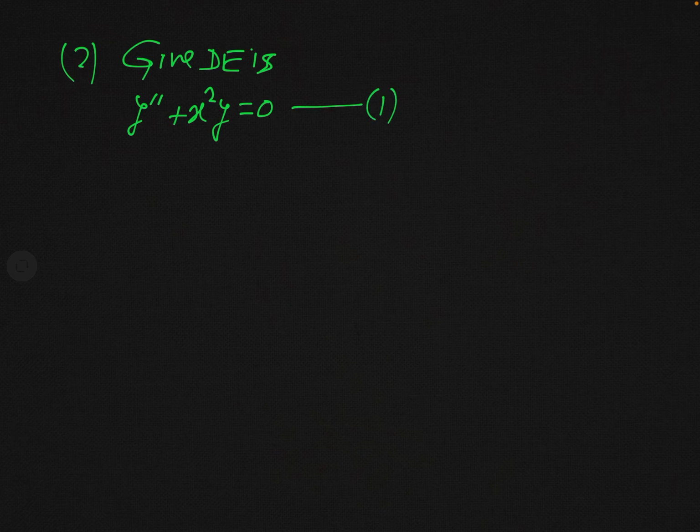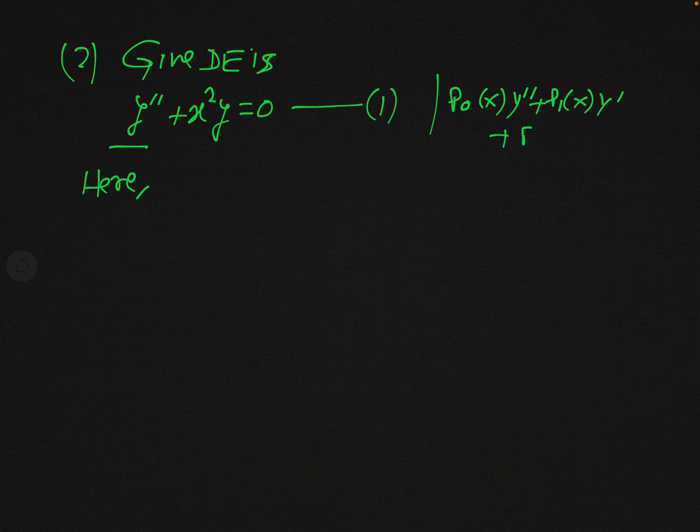Again, you can see in this given equation, the coefficient of y double prime is in fact 1. So if we compare this given equation with the standard equation, which you know, this is p naught of x y double prime plus p1 of x y prime plus p2 of x y equal to 0.